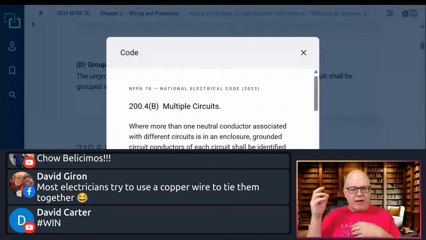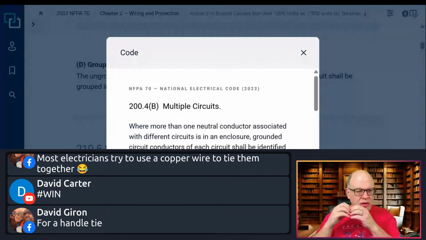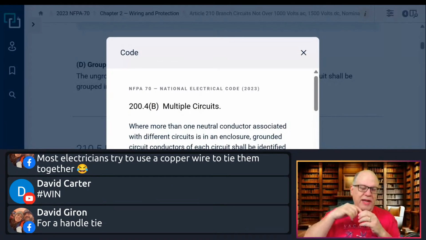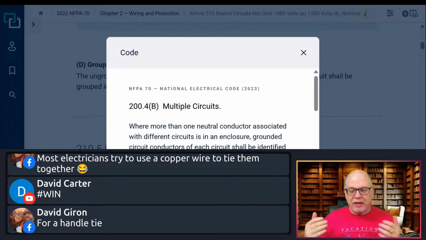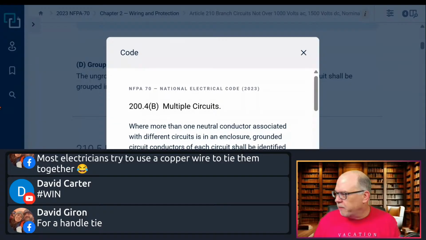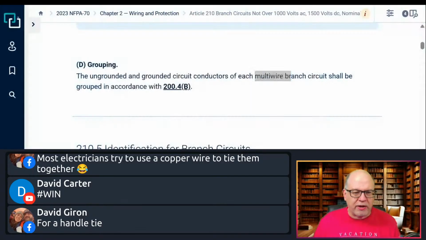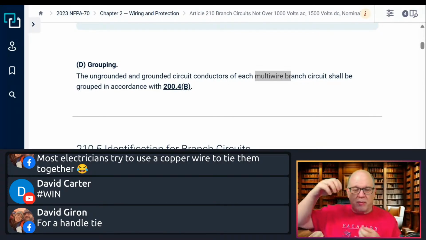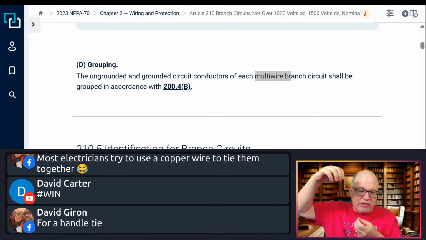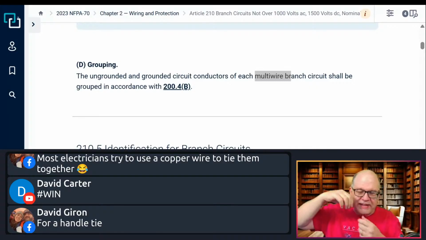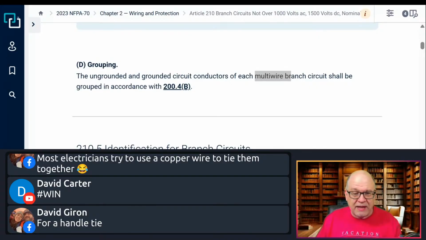So if I have a multi-wire branch circuit coming in, I have to show, oh, you mean between, yeah, oh, yeah, I've seen it done with screws. I've seen it done with wire. And what Dave is talking about is that people try to take single pole breakers and they don't use an identified handle tie. They'll stick a wire between them. I've seen them with tie wraps between them. I've seen them with a 6-32 screw down through the holes with a nut on it. That is not an identified handle tie.